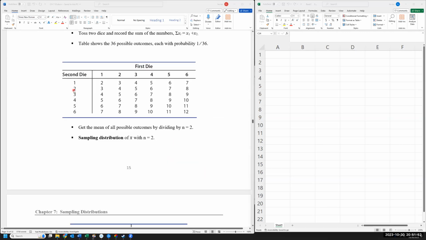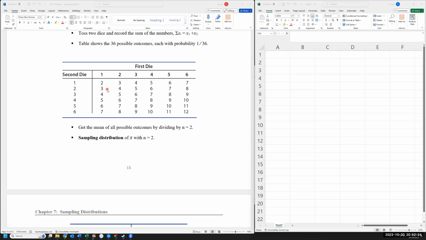When you roll a 2 and a 2, then the average is 2 because the first die you got a 2, second die you got a 2, so on average you got a 2. If you roll 2 dice and the first die came out as 1 and the second die came out as 2, the sum is 3.